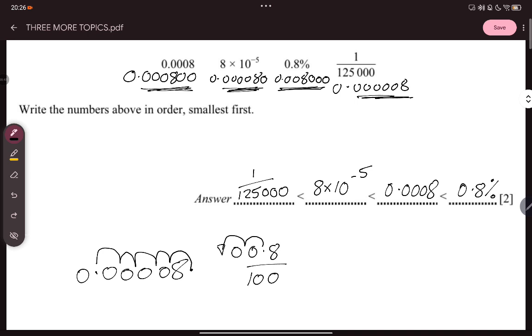That's what we get. So the method for this, write them all as decimals and make sure that we are writing the same number of digits after the decimal point in each of the numbers. And you do that basically by filling up with zeros on the right-hand side.